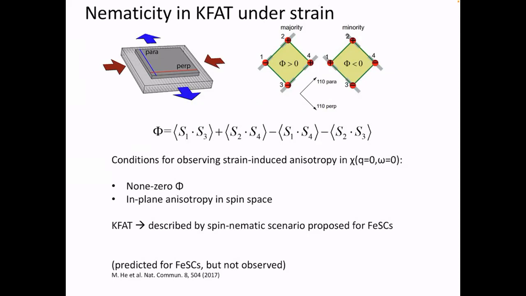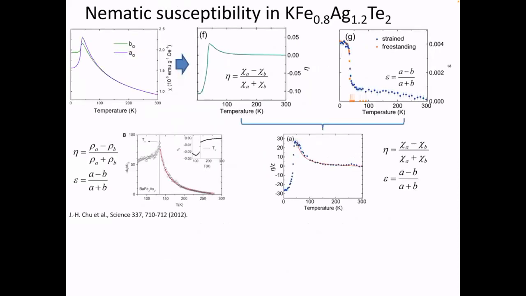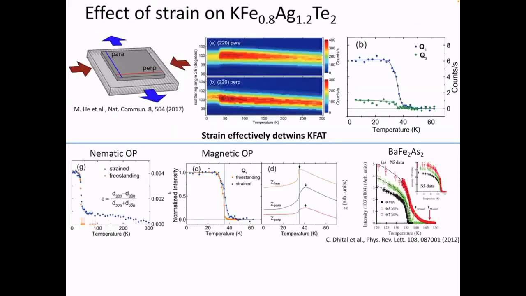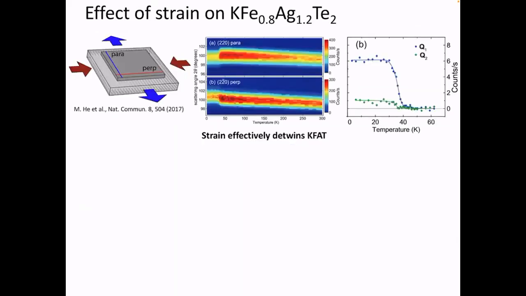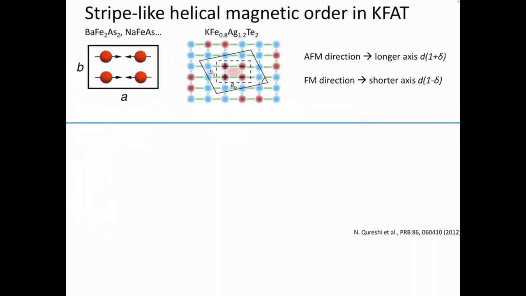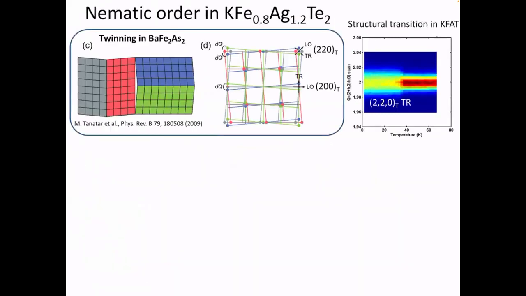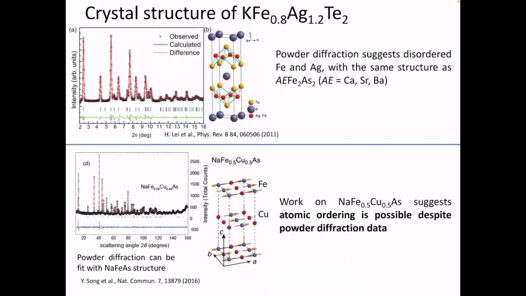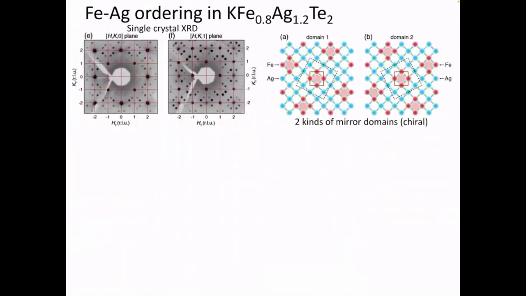Yeah, so I haven't really thought about that. But perhaps one aspect of this material that's relevant to this question is that this compound is actually chiral. The structure of this material is actually chiral. So perhaps this is something to actually think about.